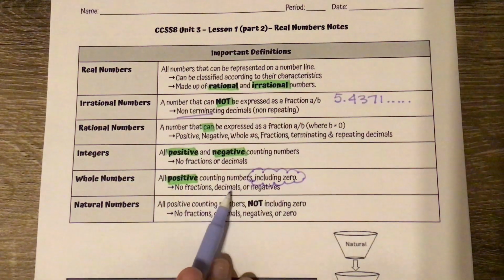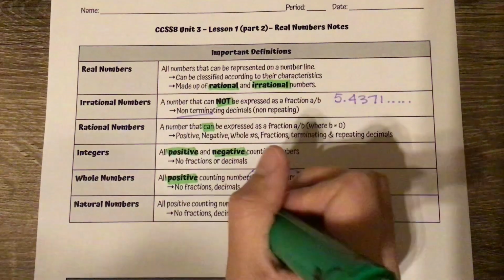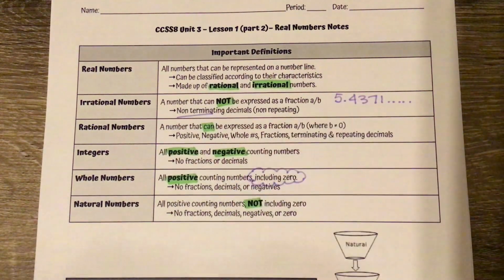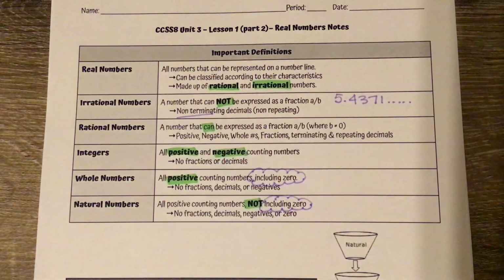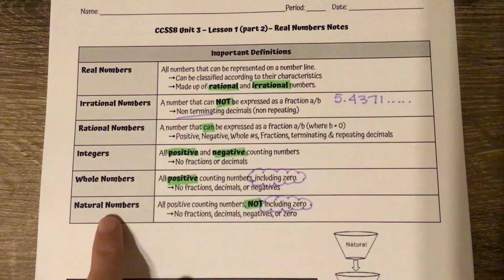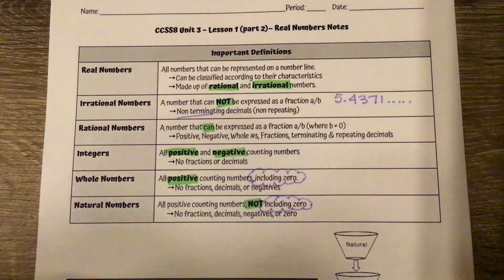So no fractions, no decimals, no negatives. Natural numbers are almost identical to whole numbers except that it does not include 0. The reason how I remember that is 0 is kind of not natural. It has special case scenarios when you're multiplying, when you're dividing, and so on, that it's kind of not natural.